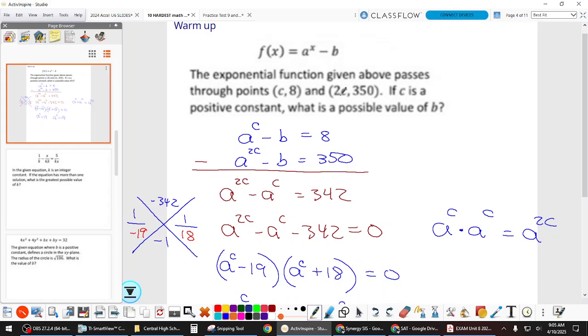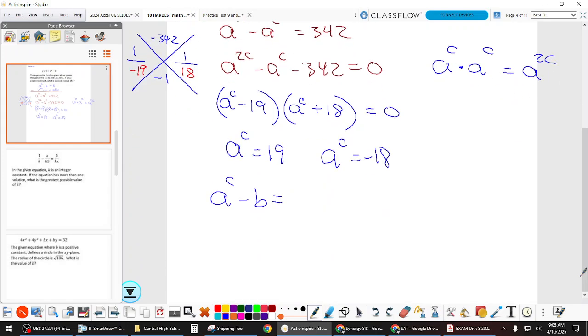Notice we don't know 2c, so we can't use that point. We have to use this one, just because we only know a to the c. So a to the c, 19, minus b is 8. So b is 11. So that's a possible value of b. It's not the only one. So like Broly was saying, there's other options, but this is a possible value.